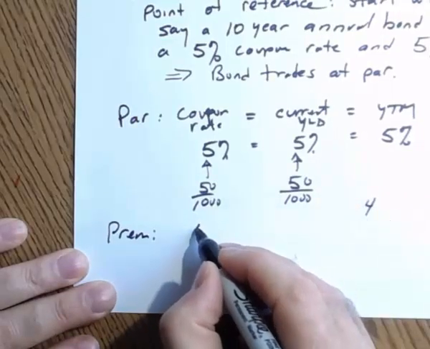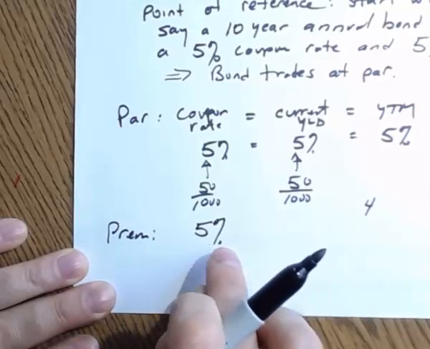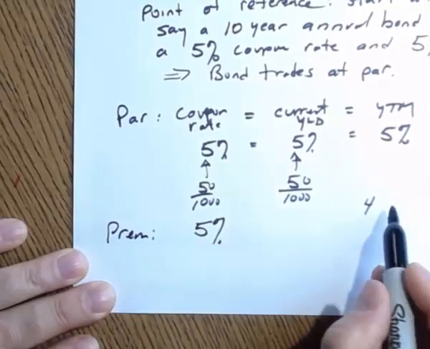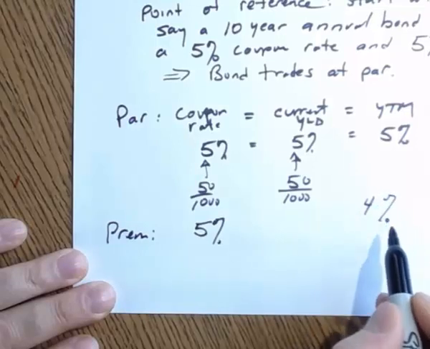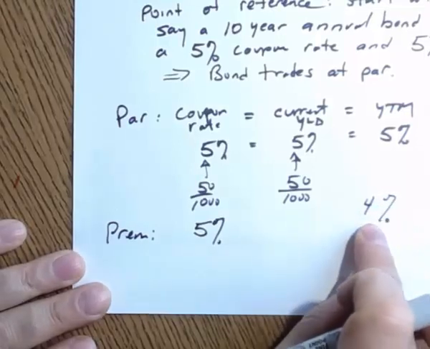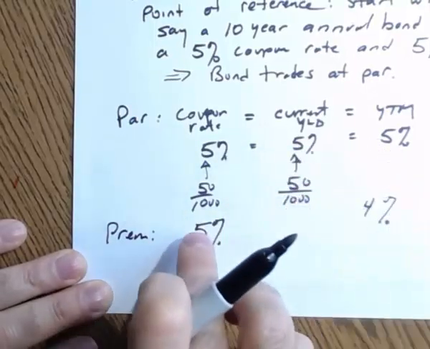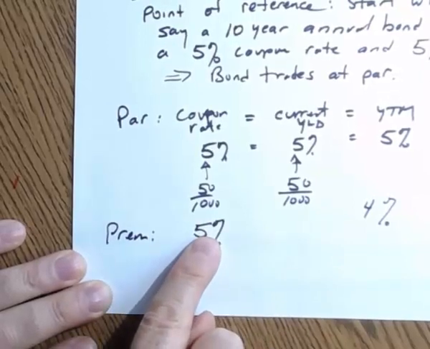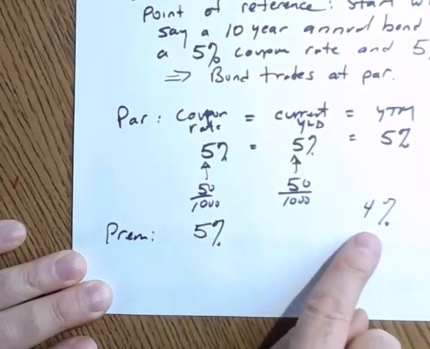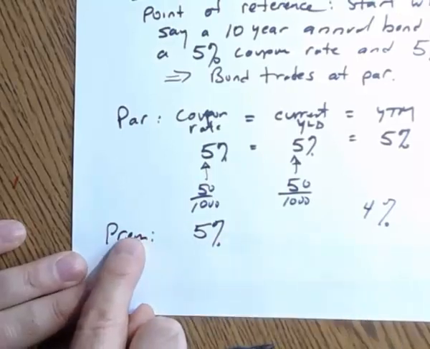The coupon rate stays fixed at 5% over the life of the bond, so we anchor on that 5%. Now the yield to maturity, let's say it drops to 4%. When the yield to maturity drops to 4%, remember what that means. This bond is paying off 5%, which is attractive, while the market only demands 4%. So this bond will trade at a premium.